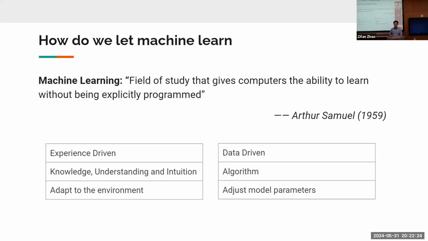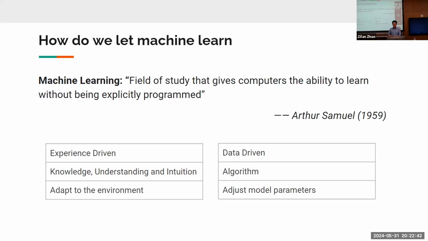So if you draw an analogy between how humans learn and how machines learn, you'll definitely find some similarities. Instead of being driven by the experience or environments around us, machine learning models are actually driven by the data we collected.